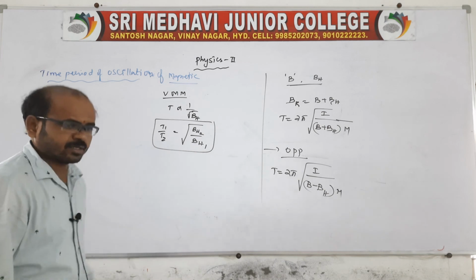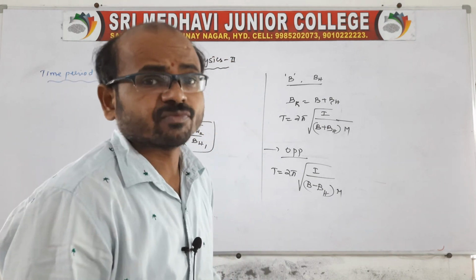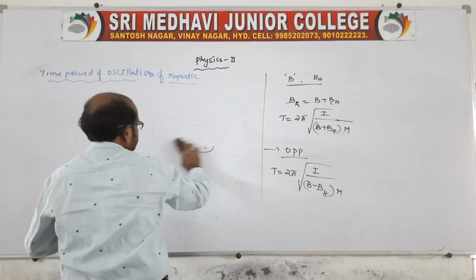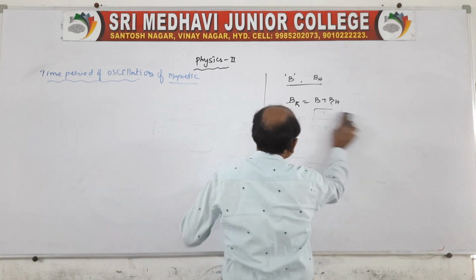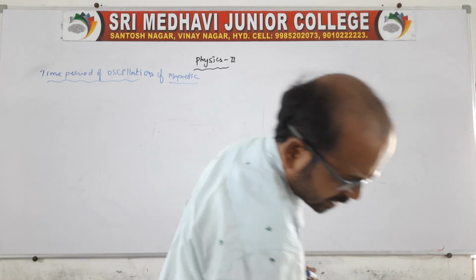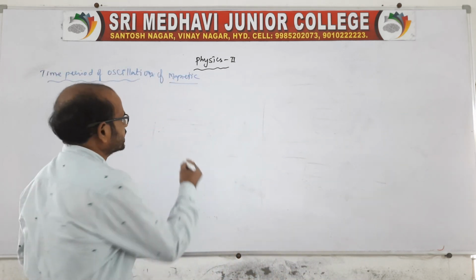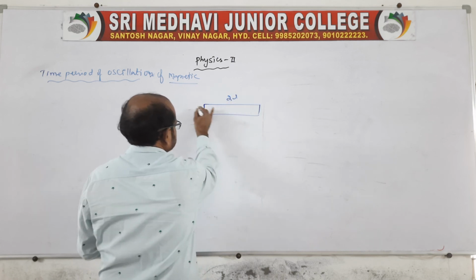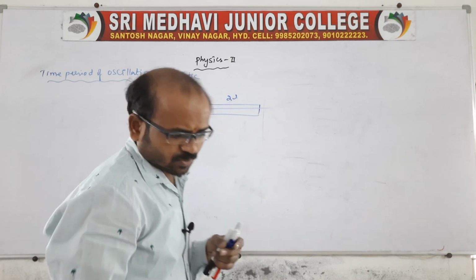What will happen to the magnetic time period if it is cut into n equal parts? Suppose the magnet is broken into two pieces: you take the bar magnet of length 2L, which is cut into two equal pieces. What will be the time period?